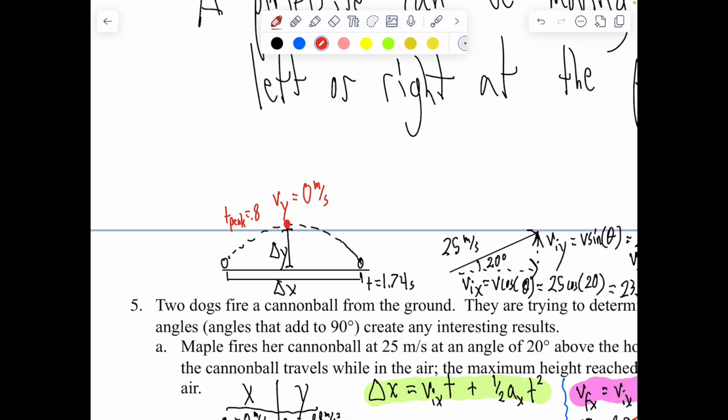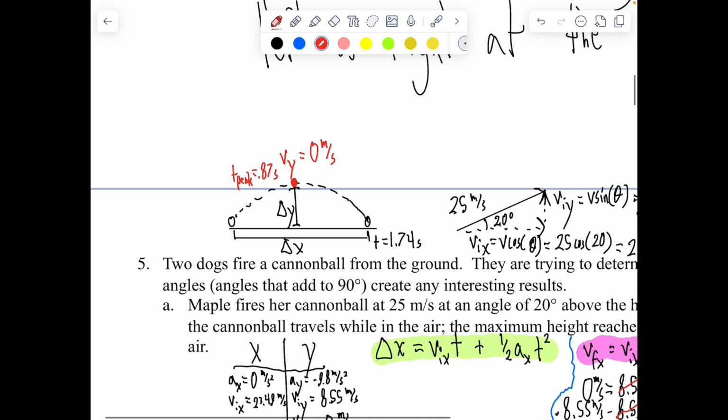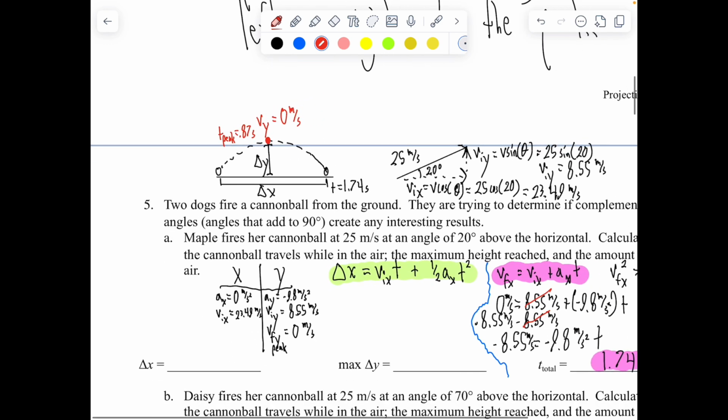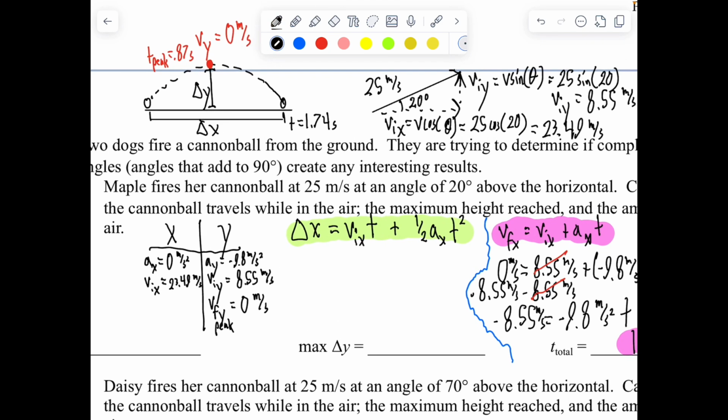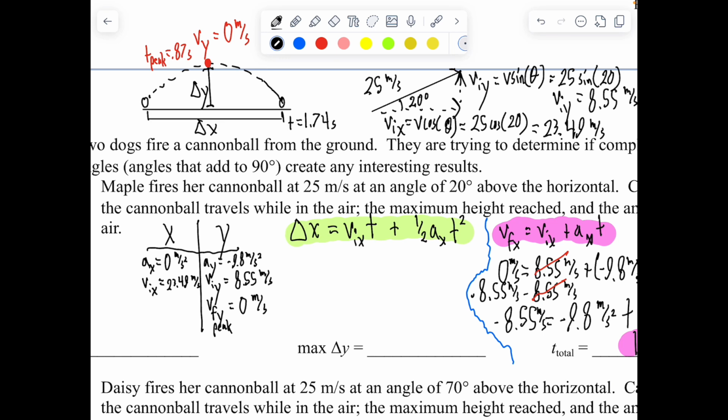Now we want to be very careful here. We want to plug in the time it takes to get to the peak, not the total time, because we want to use the time that has passed when we are at this maximum delta y. So let's use our highlighted equation and just plug everything we have in.